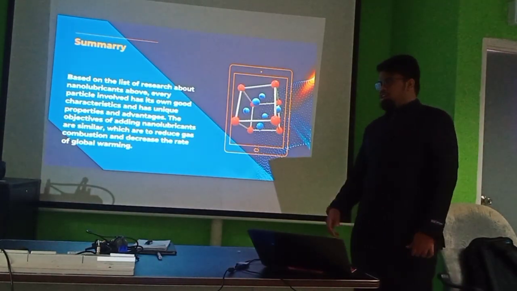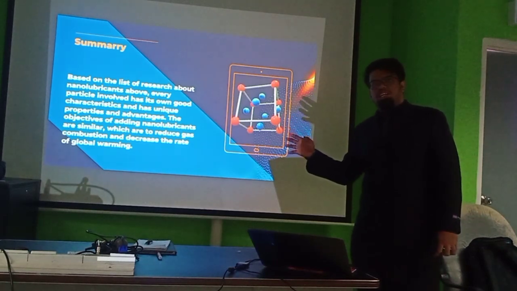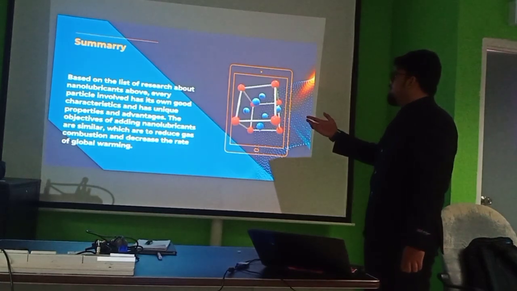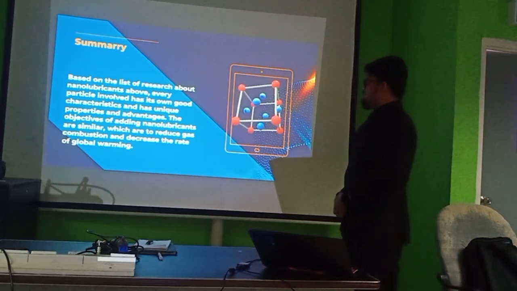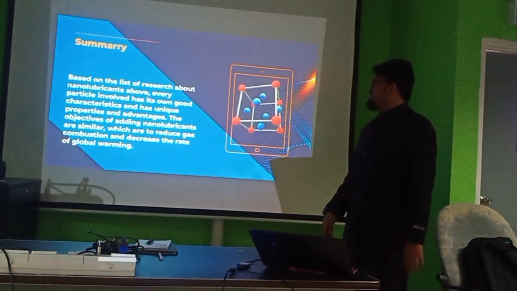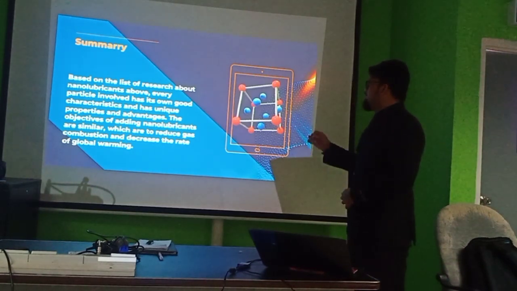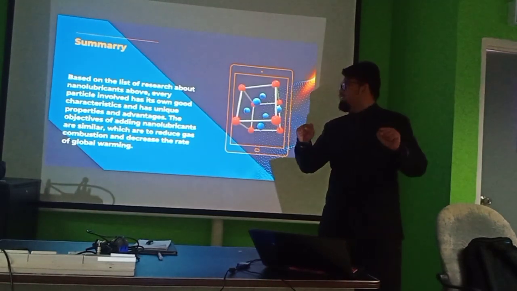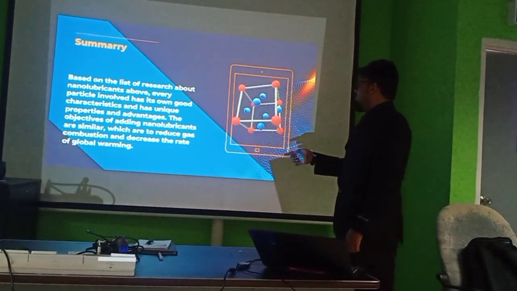The summary of the review that I have done of the journals or articles about nanoparticle: every particle involved has its own good characteristics, unique properties and advantages. But overall, the objective of adding nanolubricant is similar, which is to reduce gas combustion and decrease the rate of global warming.